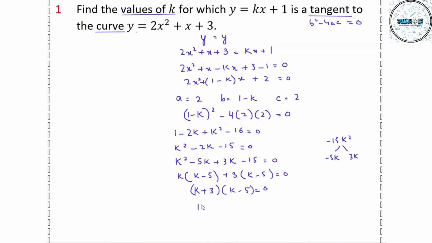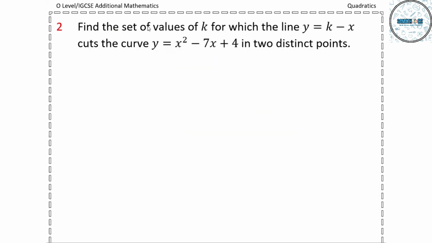We have k plus 3 is equal to 0 and k minus 5 is equal to 0. So k is equal to minus 3 and k is equal to 5. So these are the values of k for which this line will become tangent to the curve which is given in the equation. Let's do another question.